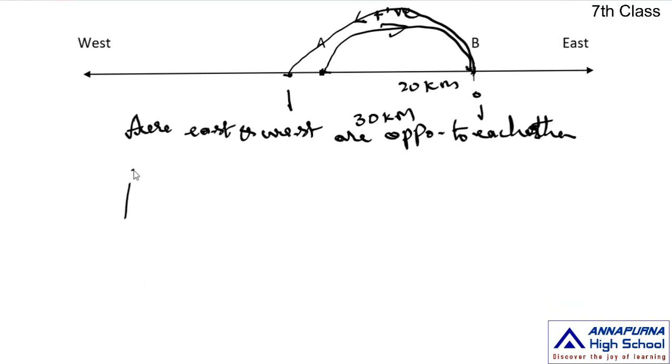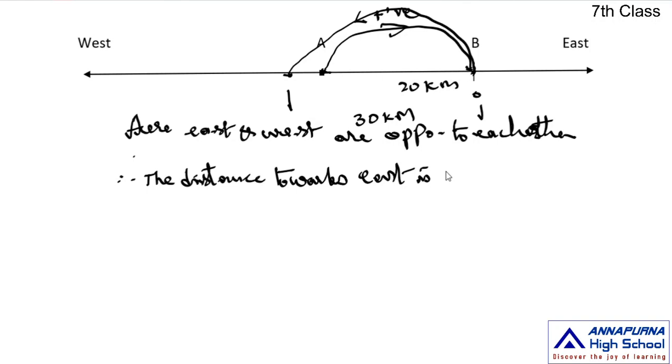Therefore, write down: the distance towards east is denoted by or represented by positive.